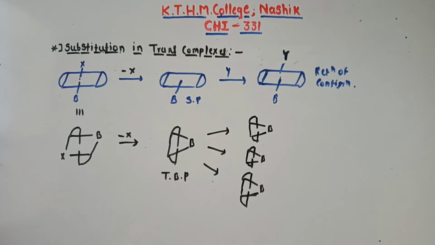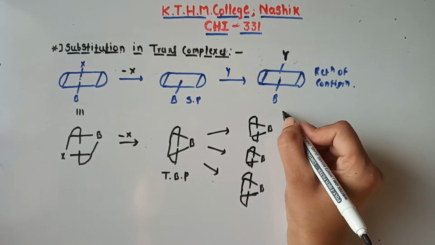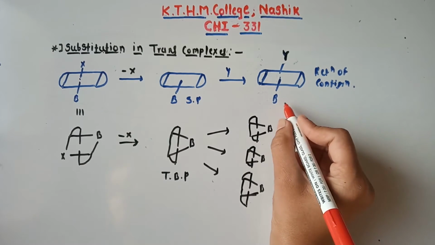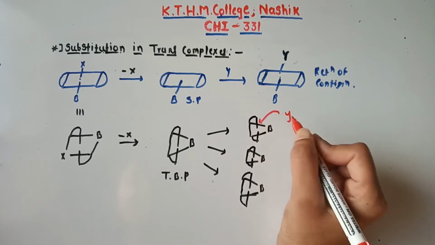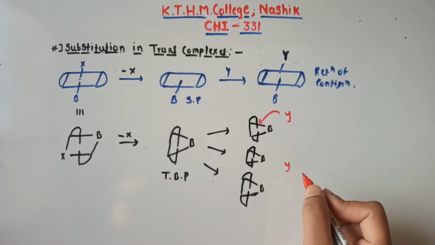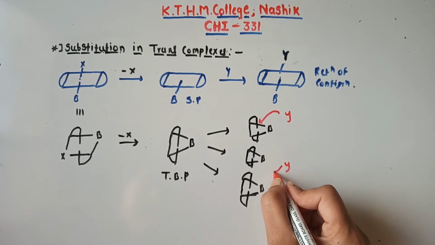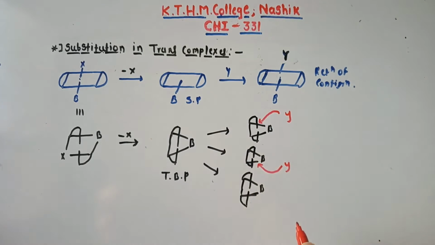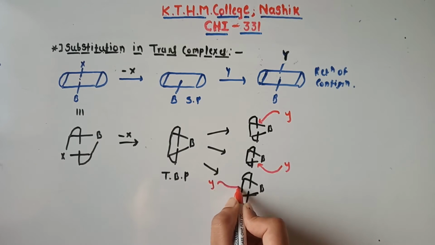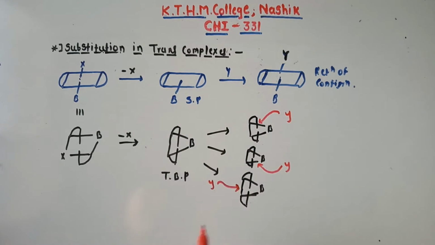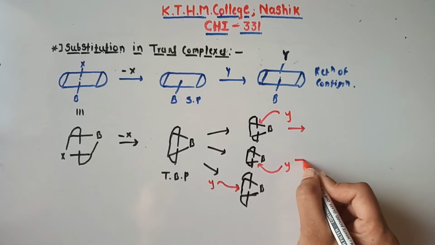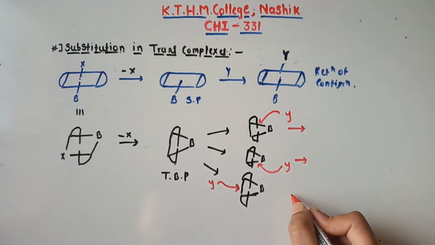See, now in the first case, Y attacks from this side. In the second case, Y, meaning the incoming ligand Y, attacks from this side, and in the last case, Y can attack from this plane or this side. Okay, these are the three possibilities for your product in the case of the trigonal bipyramidal intermediate.